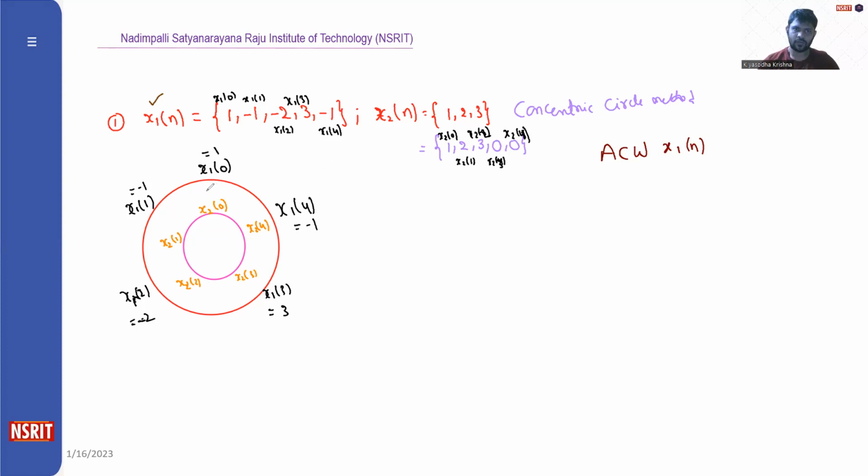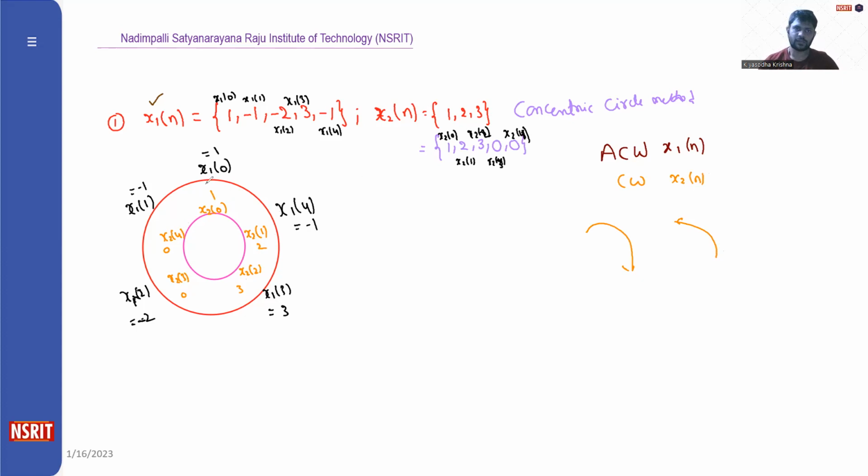Here x2 of n goes in a clockwise direction, while x1 is anti-clockwise. Replace the values: 1, 2, 3, 0, 0.